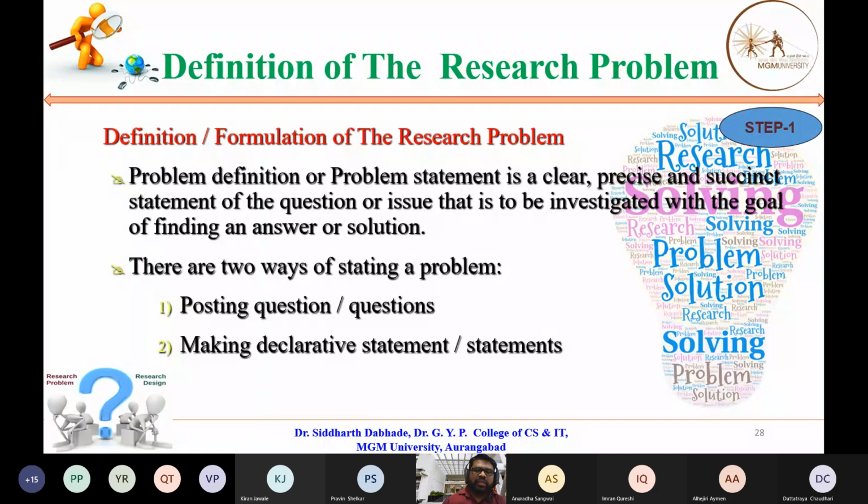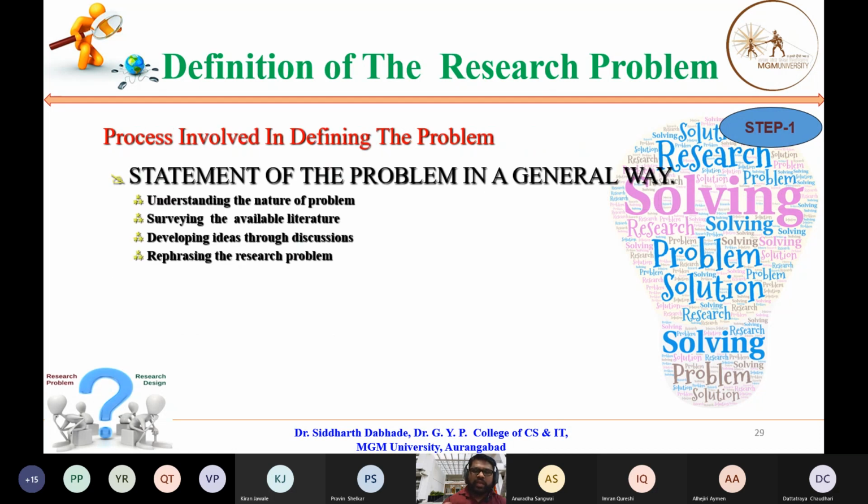While formulating your research problem, make a clear statement, don't make a vague statement, and state what issues you are going to investigate. Make proper questions and proper declarative statements so that they can give answers to your questions.